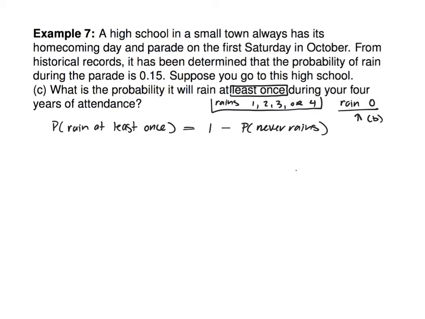And that's pretty helpful because it could rain once in 1 of 4 ways, either your 1st year, 2nd year, 3rd year, or 4th year. It could rain twice in a whole bunch of different ways, 3 times in a bunch of different ways, as well as 4 times. Well, that can only happen one way. But you have to find the probability of each of those individually, and that would be really cumbersome. It's much easier to use this complementing thing.